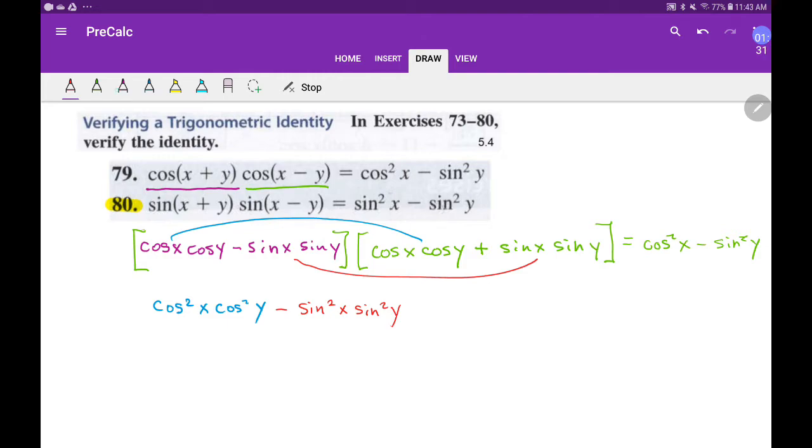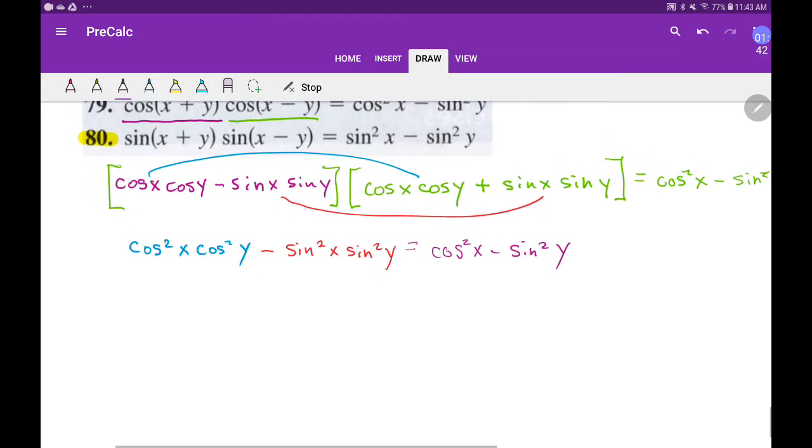And I'm supposed to be equal to cosine squared x minus sine squared y. In other words, I would like to do something about this one, because that's not supposed to be there. And something about this one, because it's not supposed to be there either.